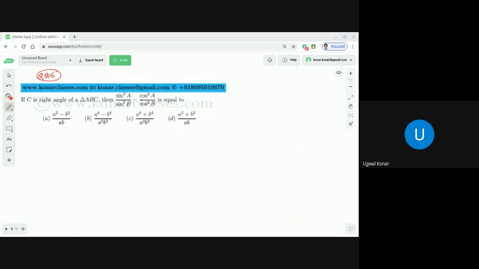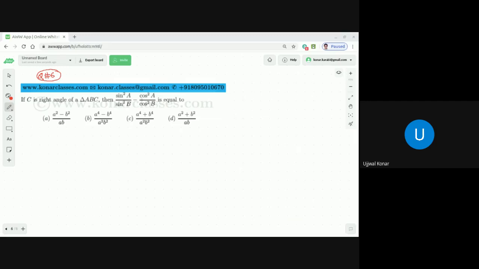One thing to be sure of, dear students, just by looking at the question, is that we need to convert sine square A, sine square B, and especially cos square A and cos square B. That's how we can do it.